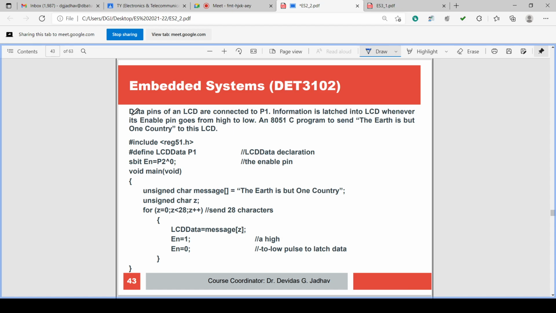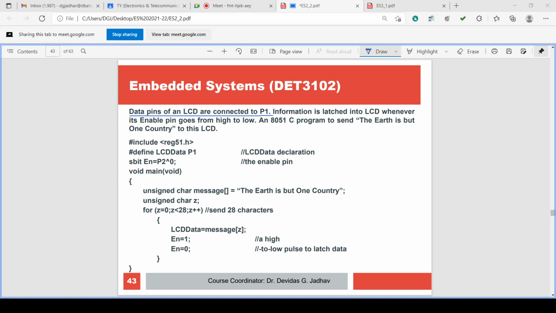So again, one more application is there. Data pins of LCD are connected to P1. You have studied the LCD display in the 4th semester in the microcontroller applications, in the assembly level applications.